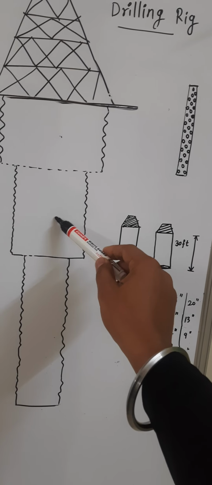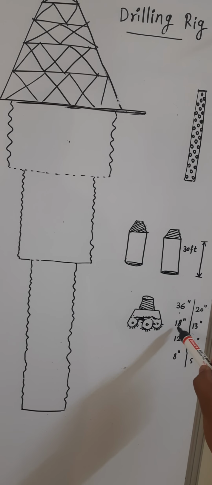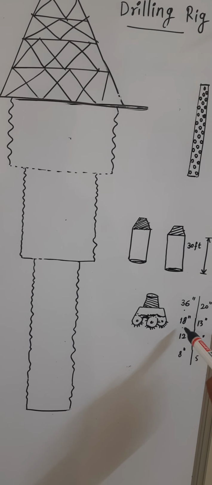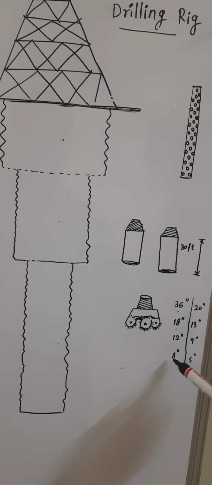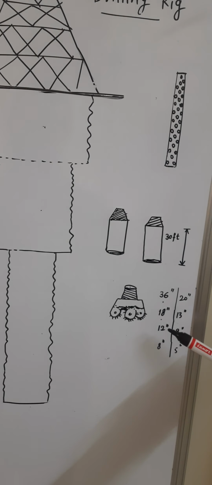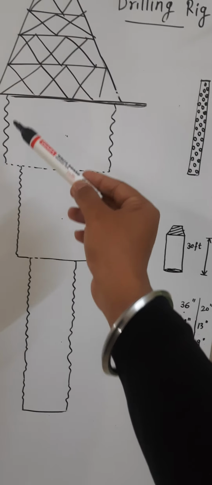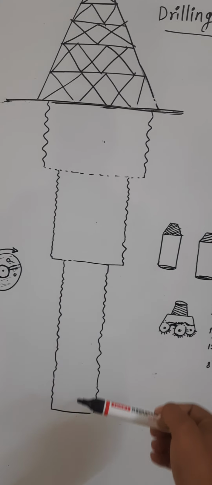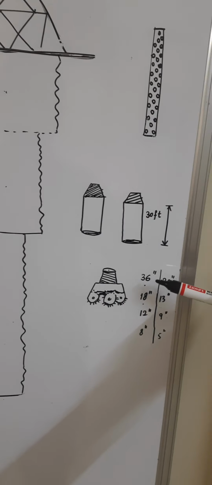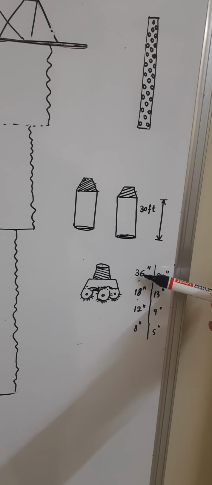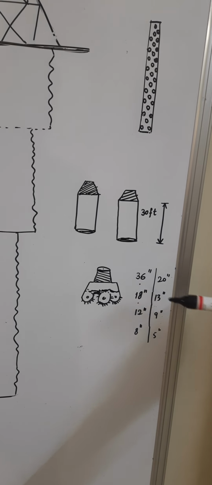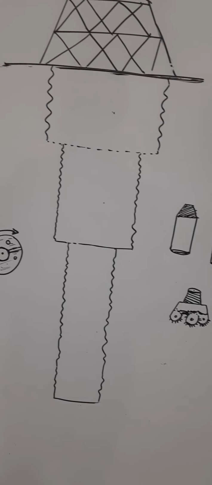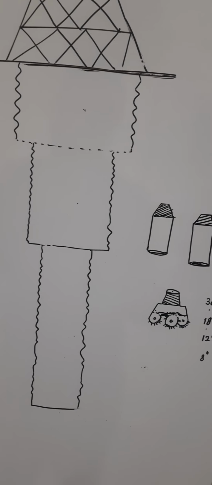Then in the second phase we drill with a bit of around 18-inch diameter, then 12-inch, and then further 8-inch. So depending upon the size of hole required in each phase, we need a bit of different size, right? It's as simple as that. The bigger the hole we want, the larger the diameter of cutter we need.